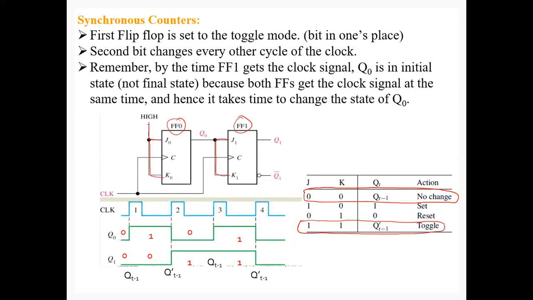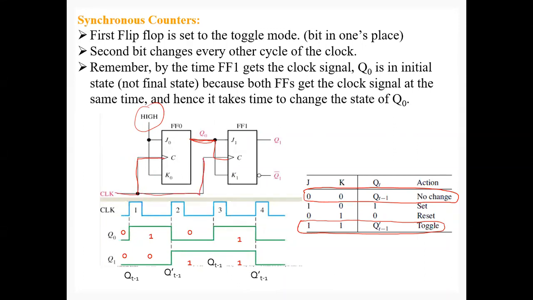Then the first one is exactly as before. Remember, in the case of asynchronous, we had both of them high, right? But here, we have made some changes. In this case, the first one is high, but for the second one, we don't have to supply the clock from here like in the previous case, because both of them are getting the clock at the same time.